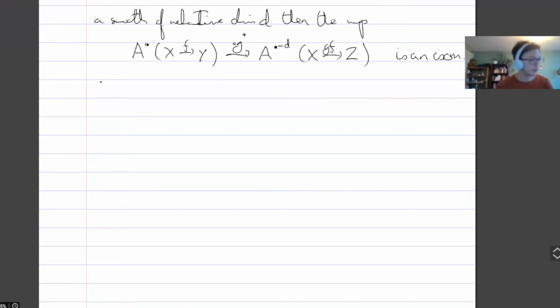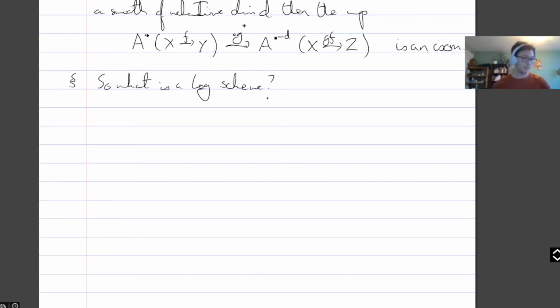Okay, so now we get to the point of the talk. This is section 2, which is entitled, so what is a log scheme? Okay, so I'm going to answer your question.